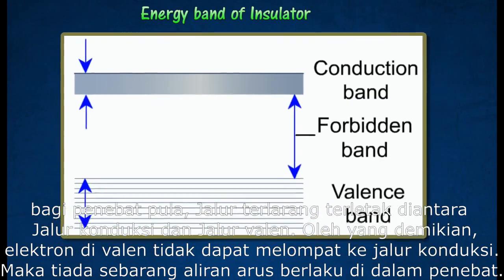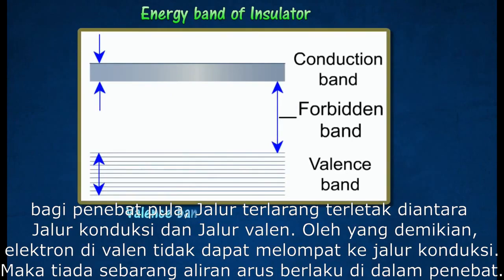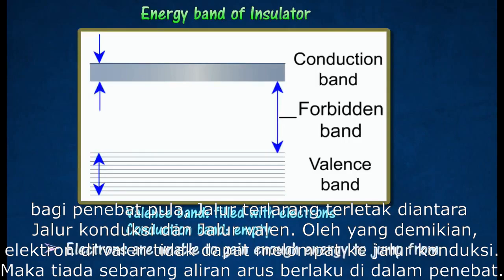For an insulating material, the valence band is completely filled with electrons, which are tightly bound to the atoms, but the conduction band is empty. The 2 energy bands are separated by a very wide forbidden gap. Therefore, the electrons are unable to gain enough energy to jump from the valence band to the conduction band.